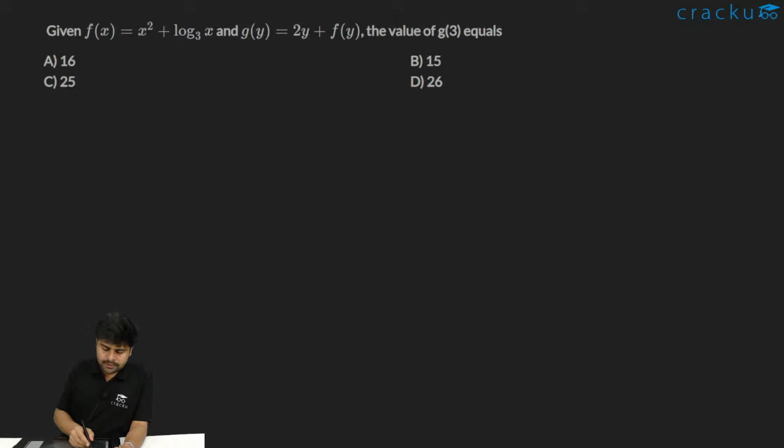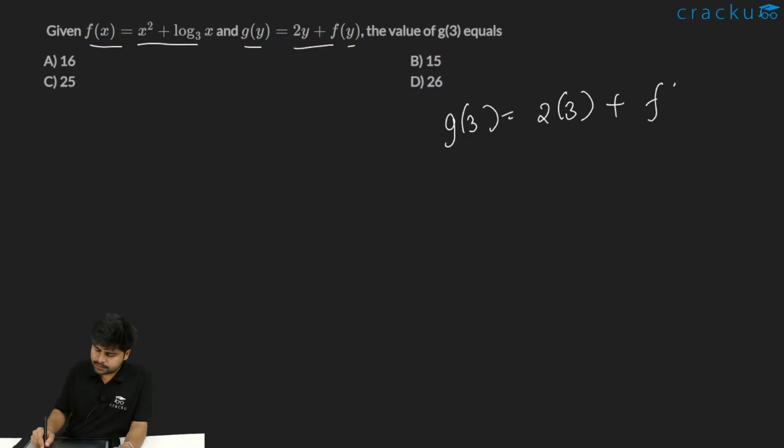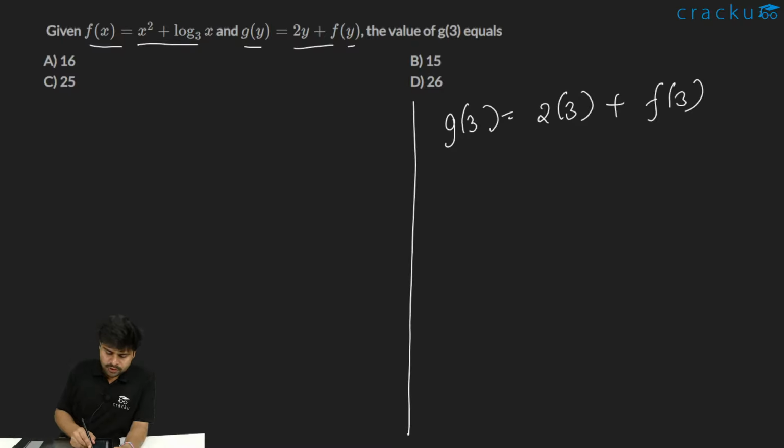Here we are asked f(x) is equal to x squared plus log base 3 of x, and g(y) is equal to 2y plus f(y). The value of g(3) is what we need to find. So g(3) will be 2 times 3 plus f(3). Everything is clear, but we don't know the value of f(3). For that we can use the definition of f(x). f(x) is x squared plus log base 3 of x.